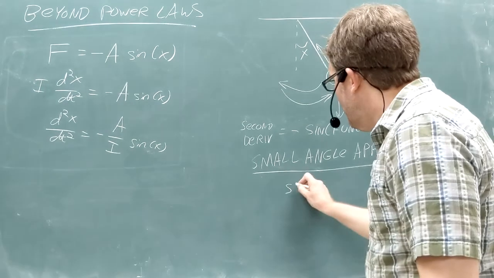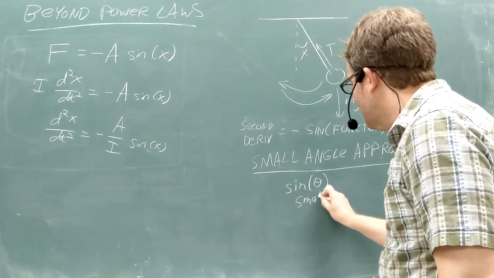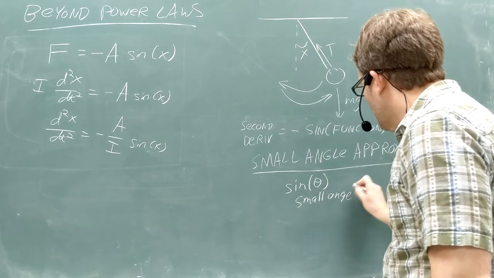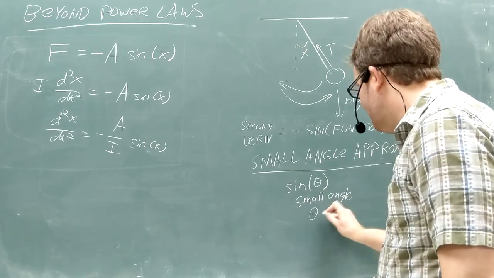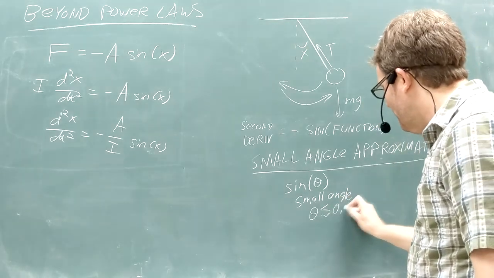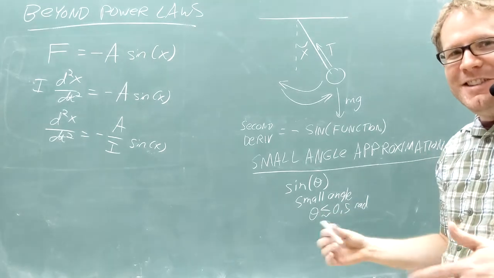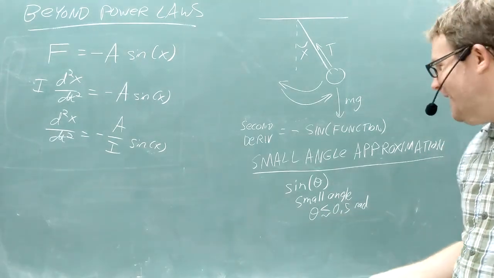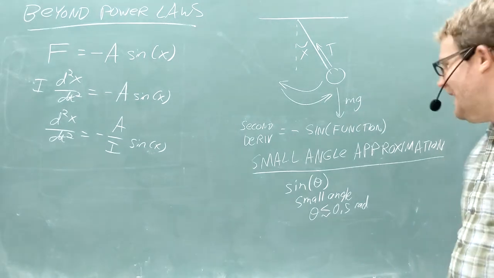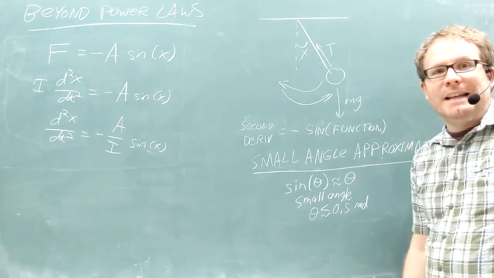It says that if you've got a small angle, small meaning less than about maybe half a radian or so, it kind of depends on how well you're willing to take the approximation. In my classes, it's usually less than about a half or so. You can approximate this as just the variable inside.